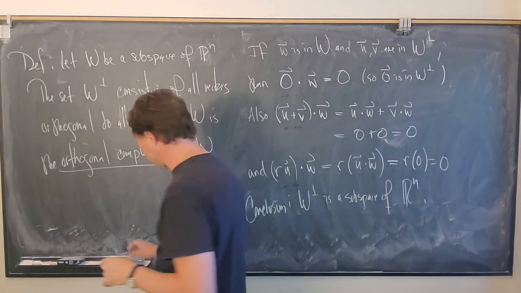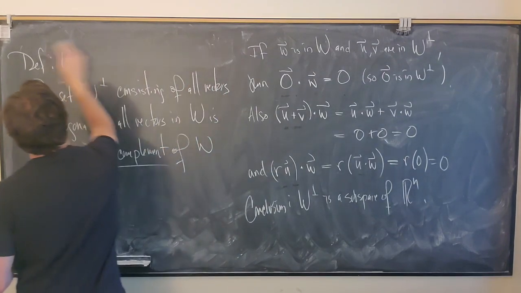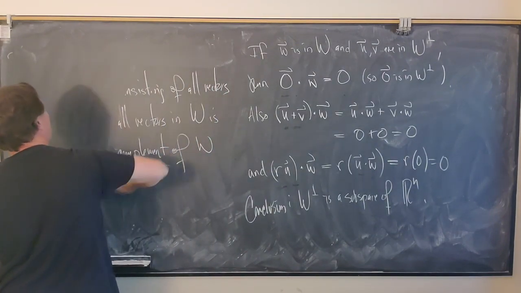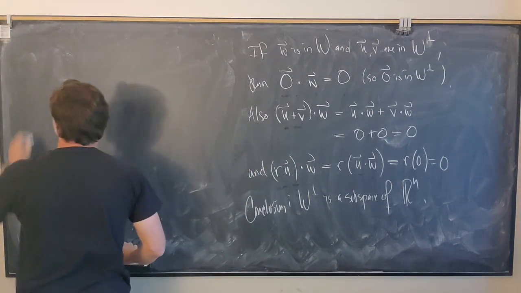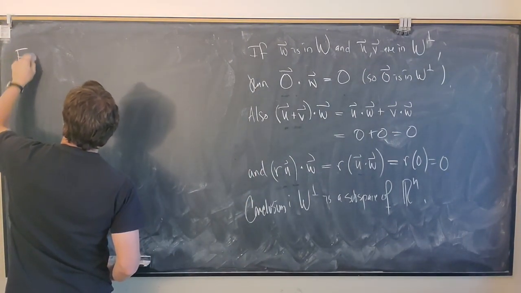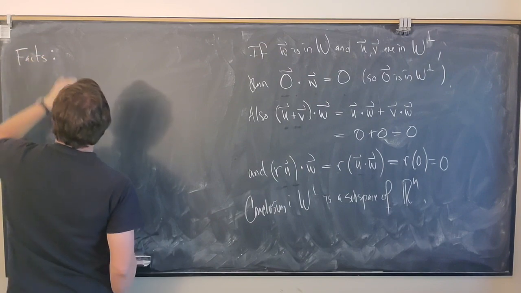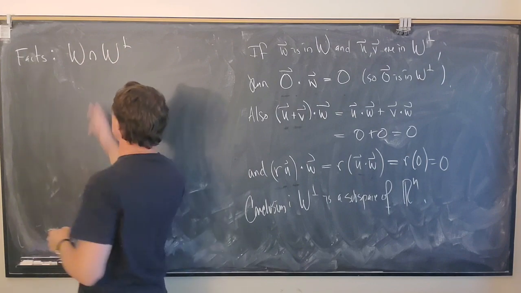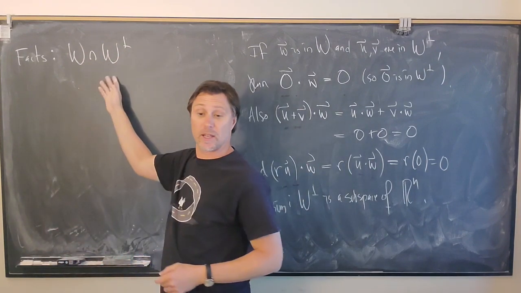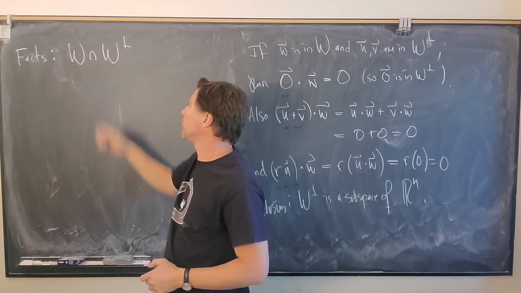A couple of facts about the orthogonal complement. First, hopefully you've seen this symbol before. This is the intersection, so it's the set of all things that are in common to both W and W perp.